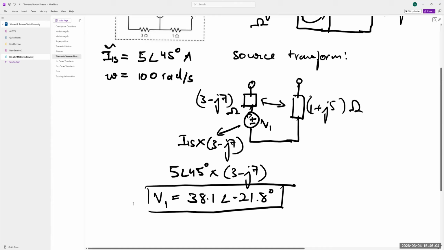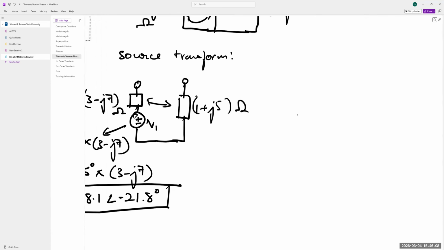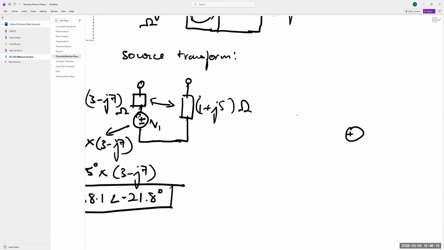Let's make some space over here to draw the final circuit. So the final circuit is going to look like this. See a Thevenin circuit. It's gonna have V1 equal to what we found it to be, 38.1 angle negative 21.8 degrees.